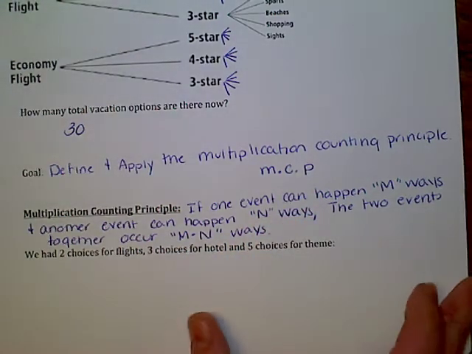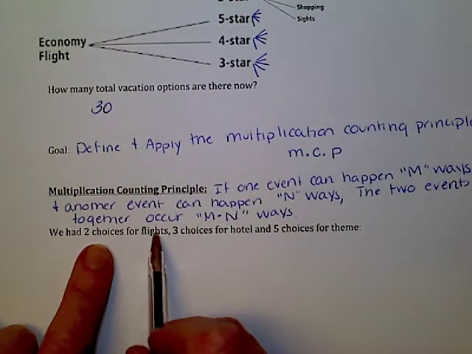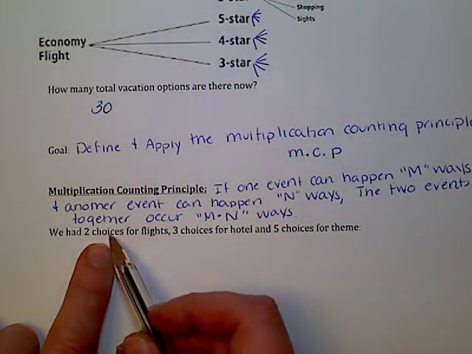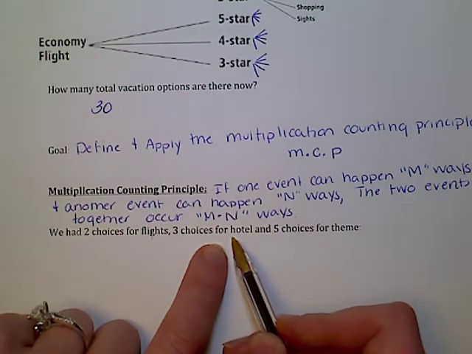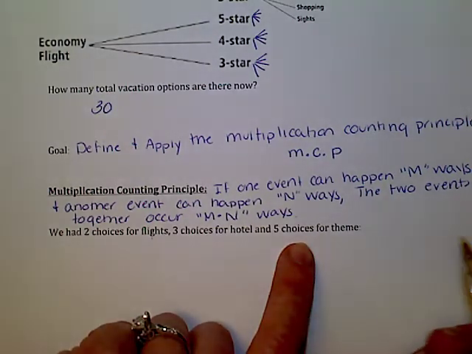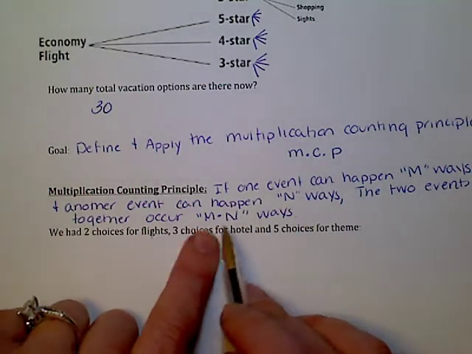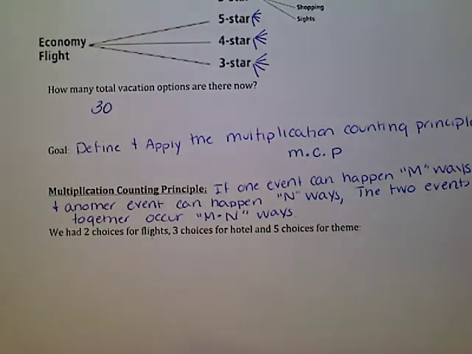So if you think about that last scenario as 3 separate events, the first event was choosing a flight. So 2 ways. The second event was choosing a hotel. That can happen 3 ways. And the third event was choosing a theme. That's 5 ways. This is just an extension of what we just wrote. Here we happen to have 3 events, but it's the same thing. We just keep multiplying.